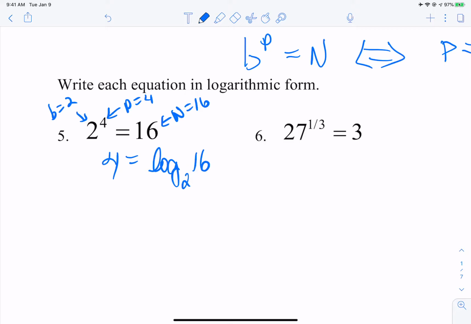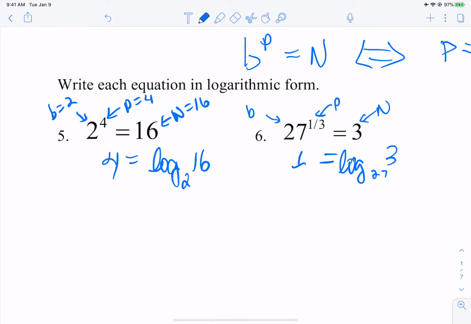Let's do it again for number 6. Our base is 27. Our power is 1/3. Our number is 3. Okay, so remember what we're going to do. On the number, we're going to write the word log with that base. And then the answer is our power. So what does that mean?